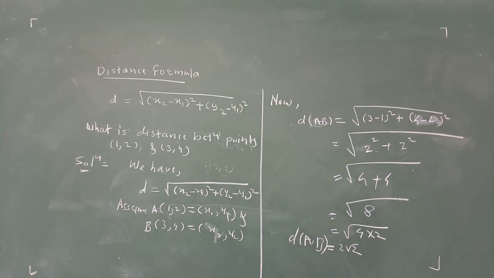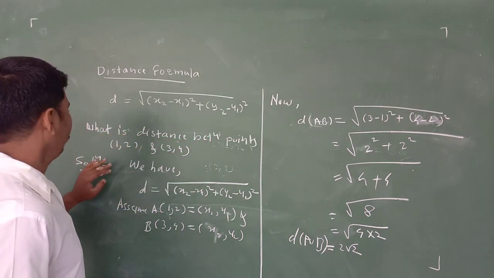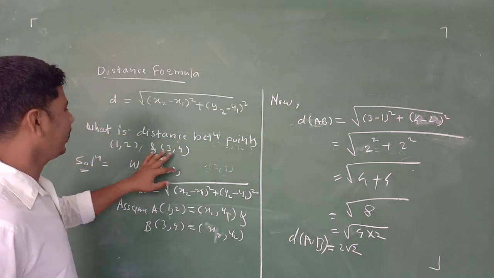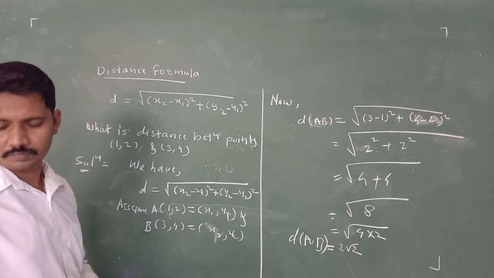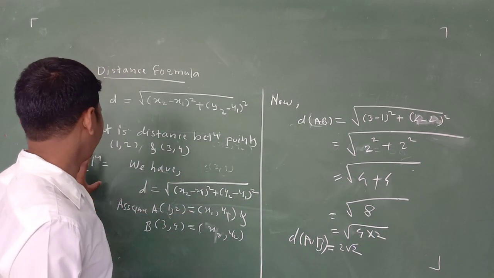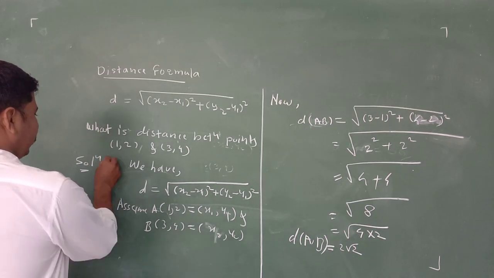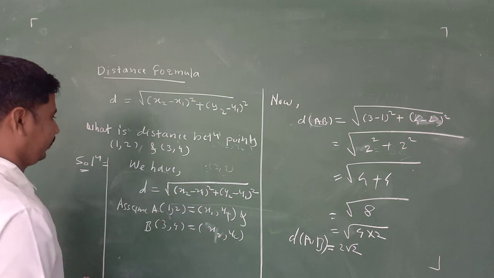You may be asked, what is the distance between the 2 points 1, 2 and 3, 4. In this case, we write down first the word solution. From the margin, we write down in between.